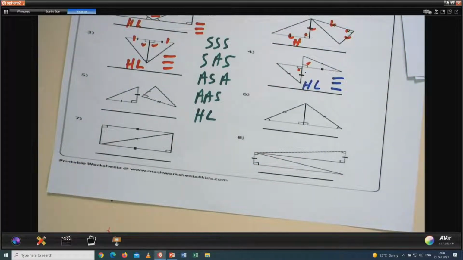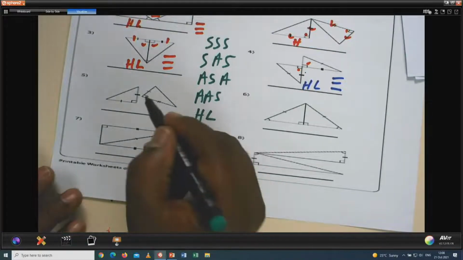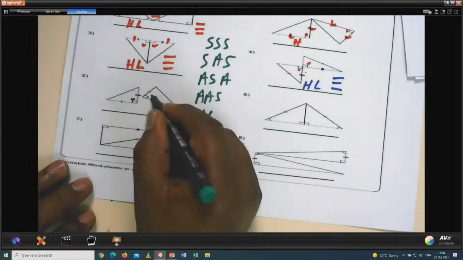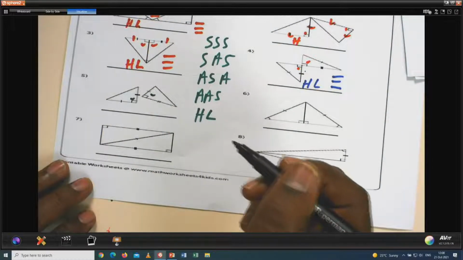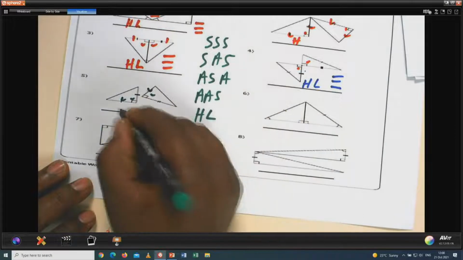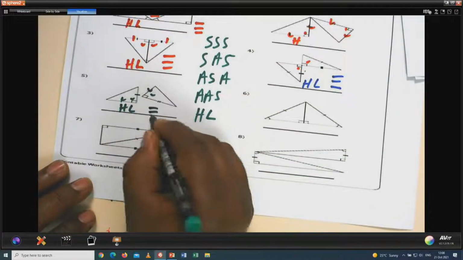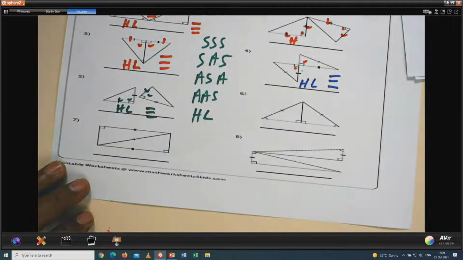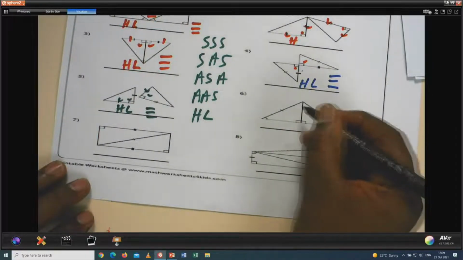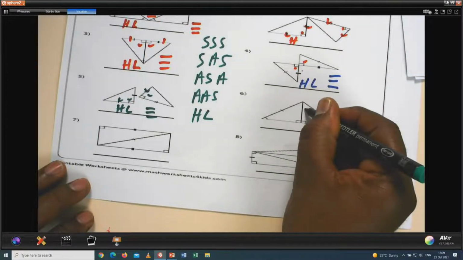Same thing. Let's continue here. Have you got 90 degrees? Yes. Have you got any sides equal? Yes. Therefore, hypotenuse and a side, meaning those 2 are congruent. So here, you can do it in many ways again. There's a common side equal.